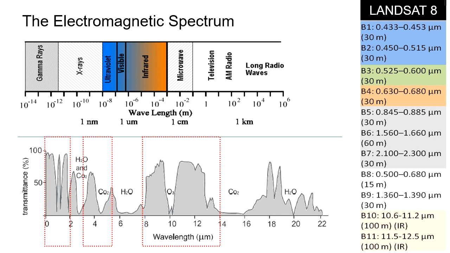The useful ranges are referred to as the atmospheric transmission windows, and these windows include the first window, from 0.4 to 2 micrometer, covering the visible part and the larger part of the reflected infrared energy.